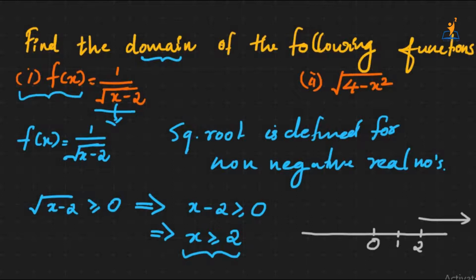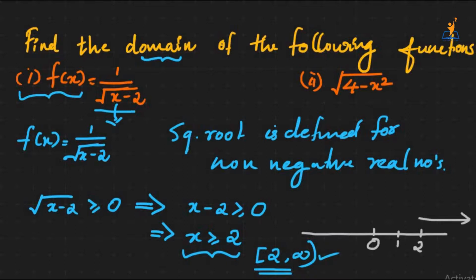So the domain of the function f of x equals 1 by square root of x minus 2 is the interval [2, infinity). As you can see, any real number between 2 and infinity is acceptable as an input value for the function f of x. Hence this is the domain of the first function.